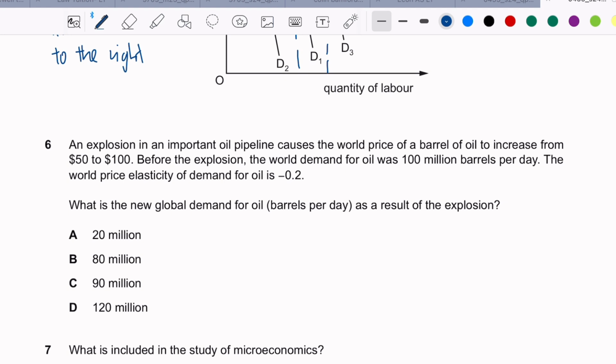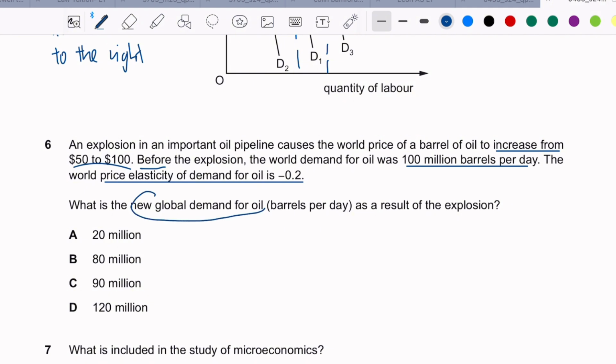Moving on. An explosion in an important oil pipeline causes the world price of a barrel of oil to increase from $50 to $100. Before the explosion, the world demand for oil was 100 million barrels per day. The world price elasticity of demand for oil is negative 0.2.